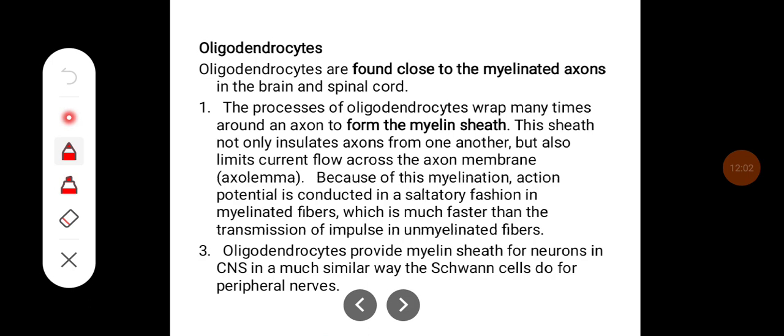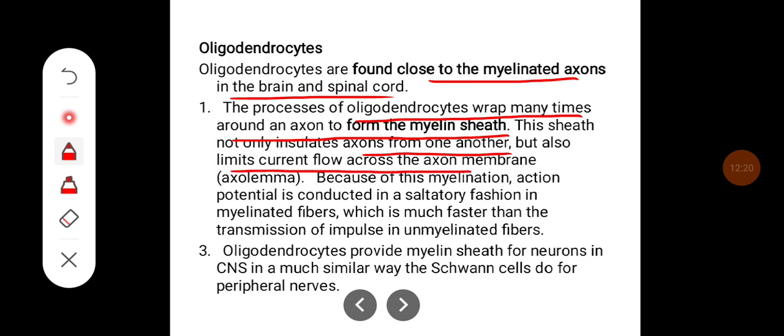Oligodendrocytes are found close to the myelinated axons in the brain and spinal cord. The processes of oligodendrocytes wrap many times around the axons to form the myelin sheath. This sheath not only insulates axons from one another but also limits the current flow across the axon membrane, that is the axolemma.